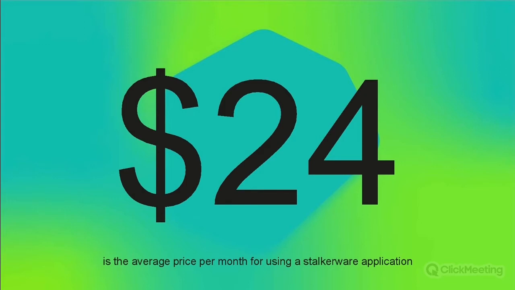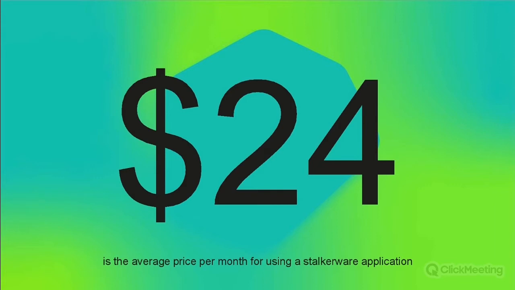That's around 23 euros per month. It depends, of course, on functionalities, what kind of product is chosen by the abuser. But I think we can all agree that this is money that unfortunately can be spent, and there is even less expensive stalkerware.